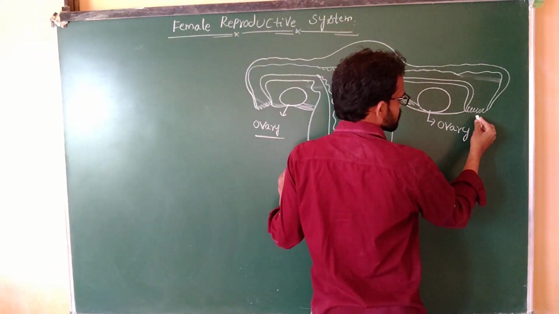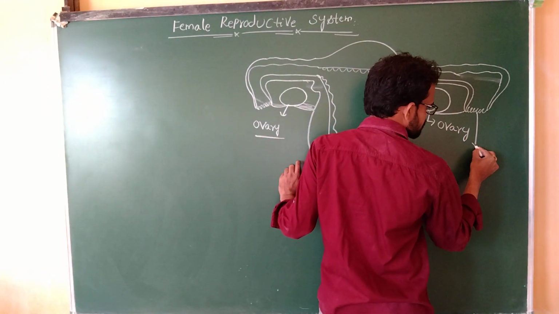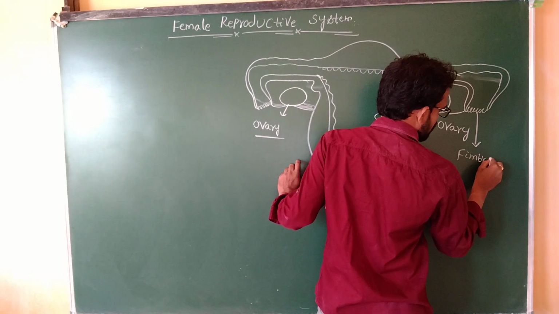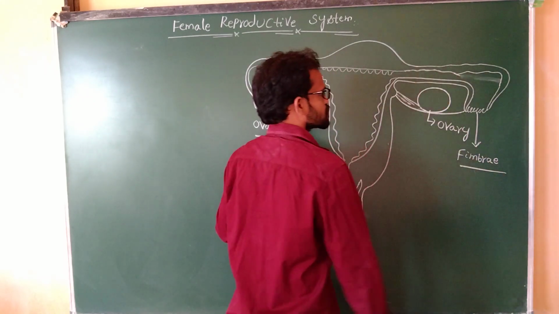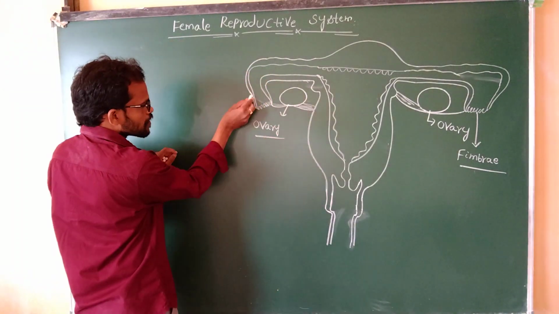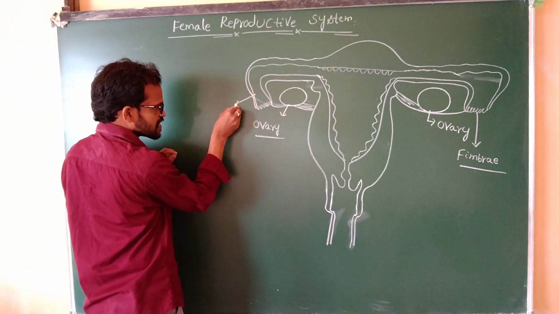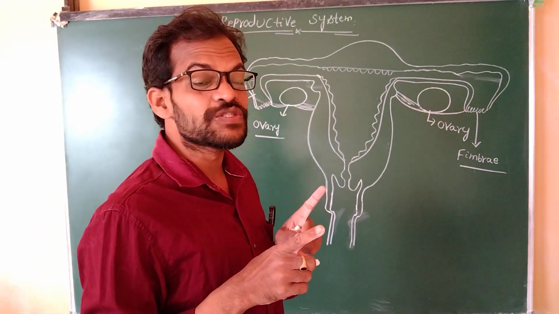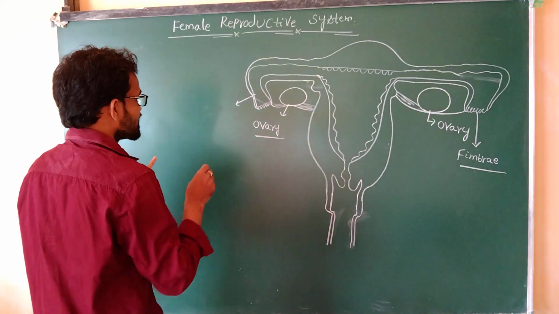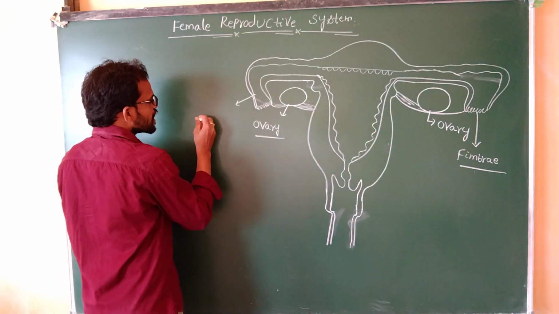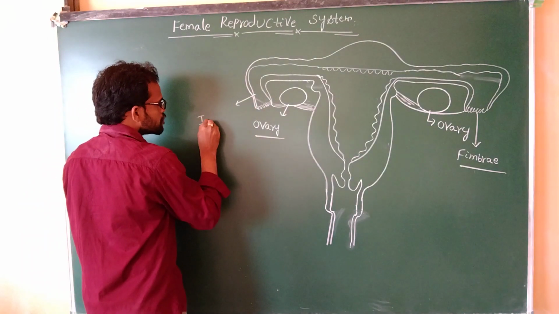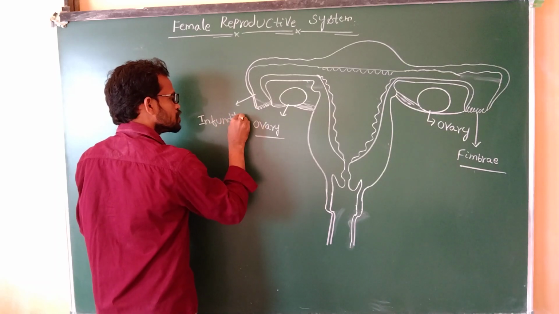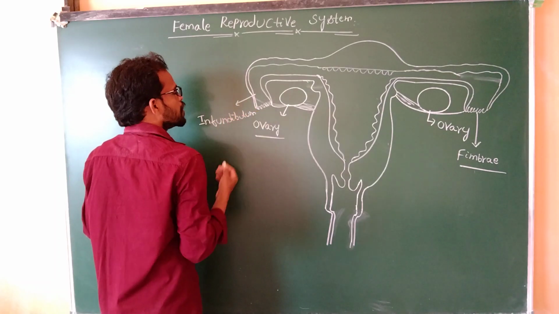After the ovary, this part indicates the fimbriae. This is the first part of the fallopian tube or oviduct. Then the infundibulum.